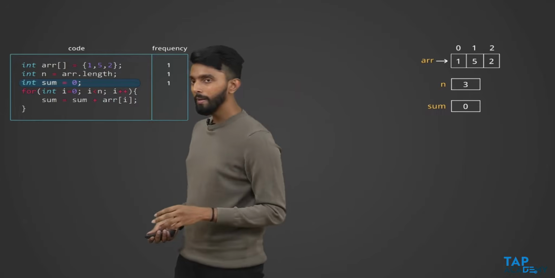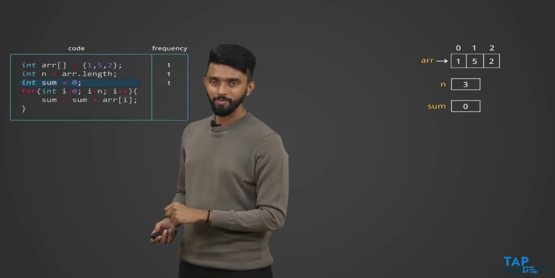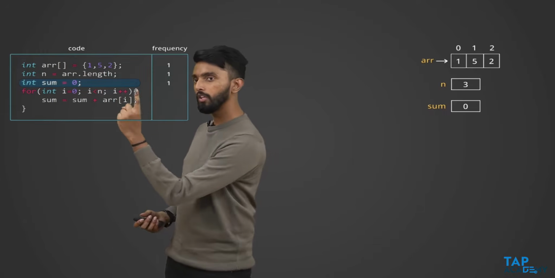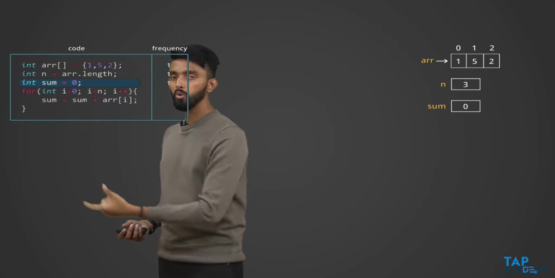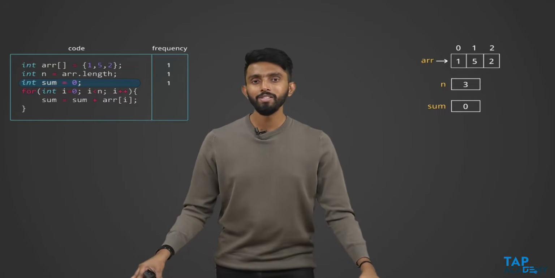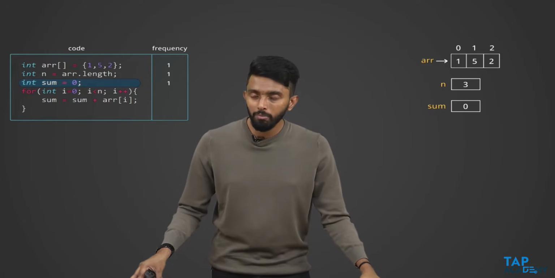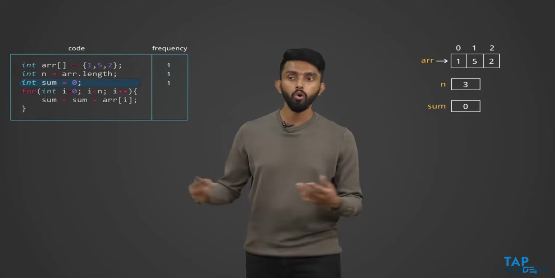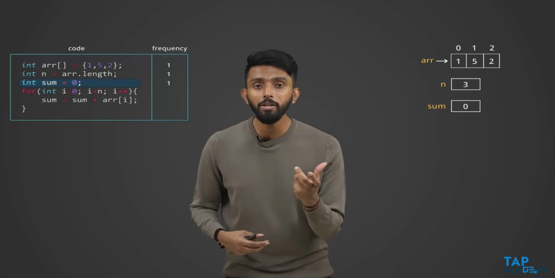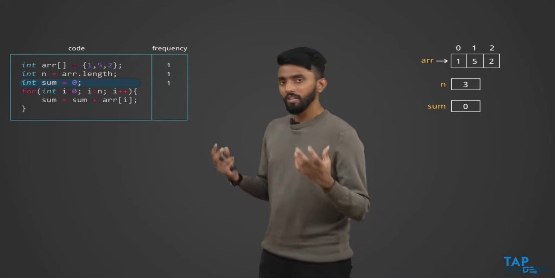Now, tell me, these two statements, this for statement and the statement inside the body of the for loop, will it execute only once? Clearly, anybody who knows anything about programming knows that for stands for repetition, looping. So obviously these statements are going to execute multiple times, which means, think about it.